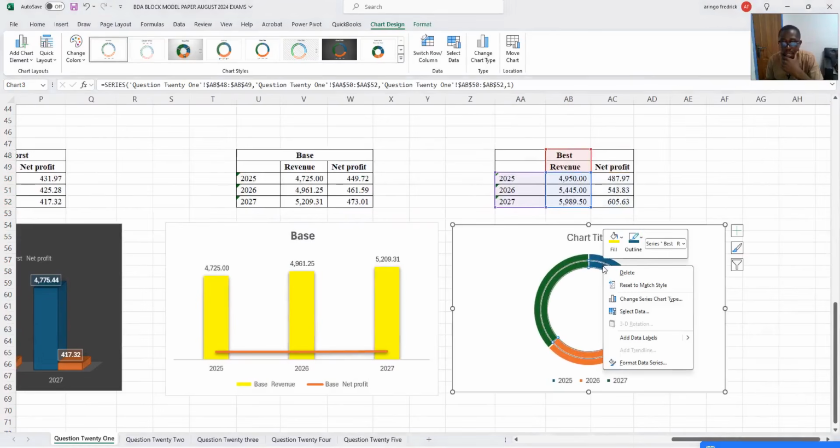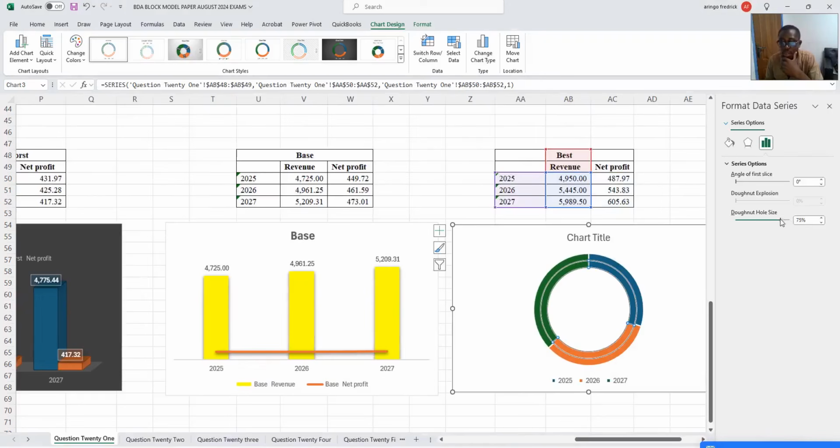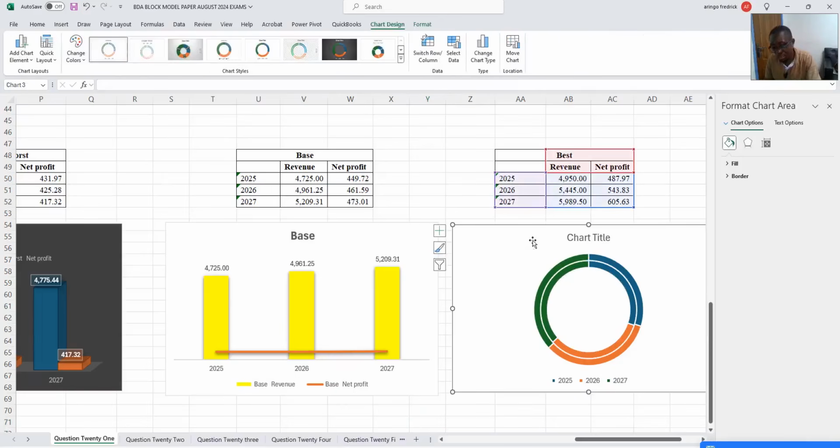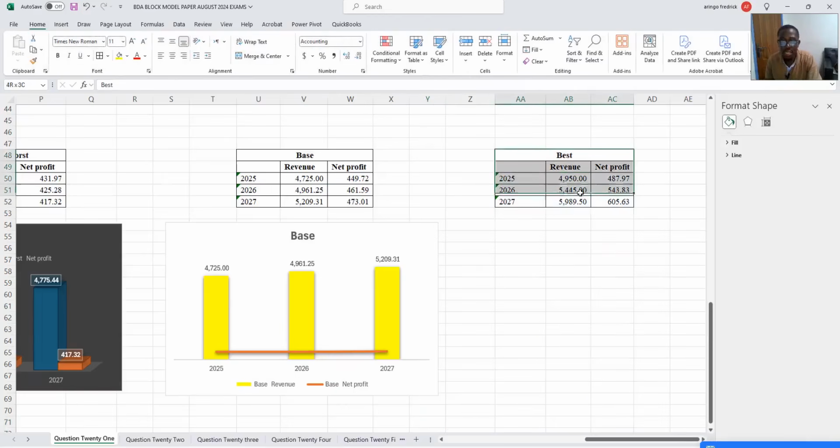I can simply reduce the donut hole. Would that be appropriate? No, that would fit in this case.